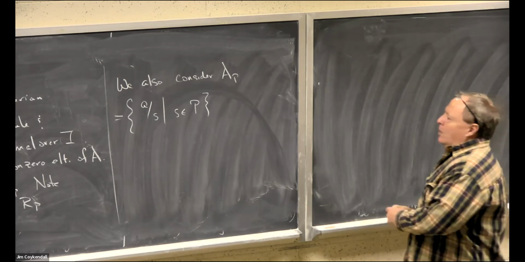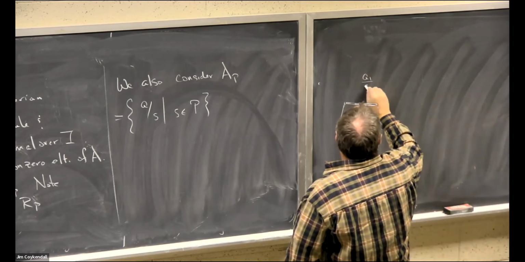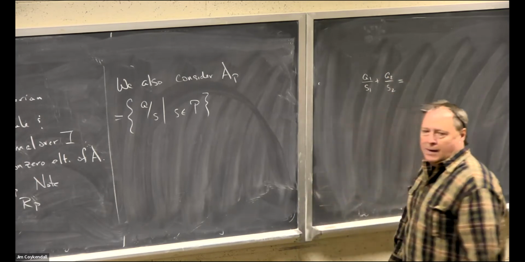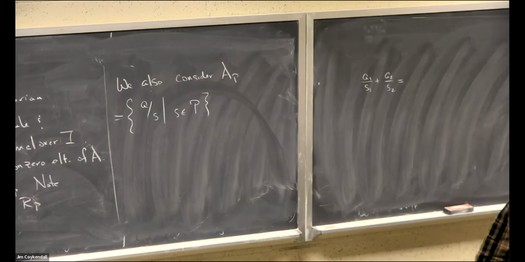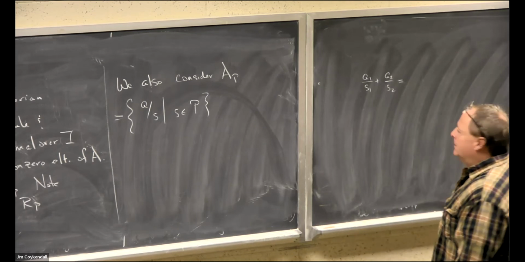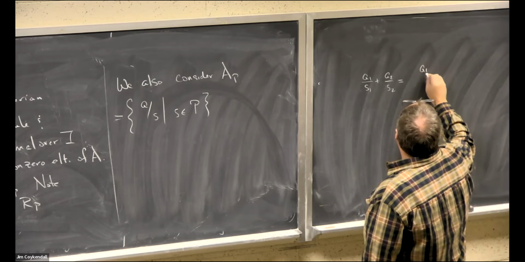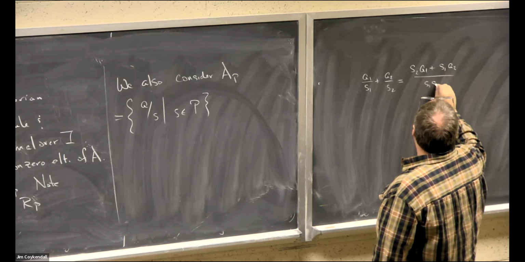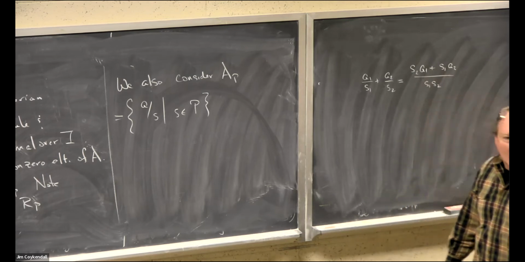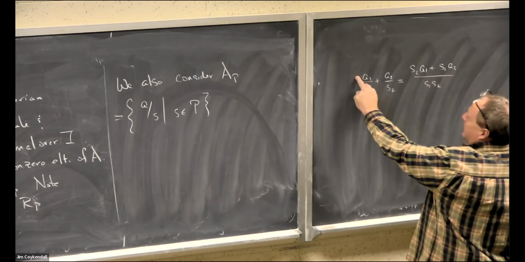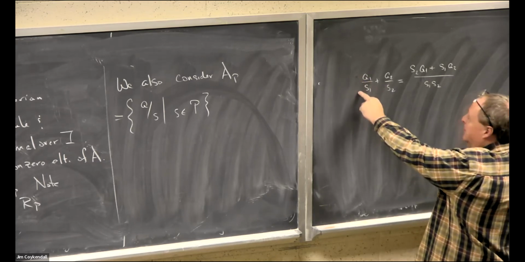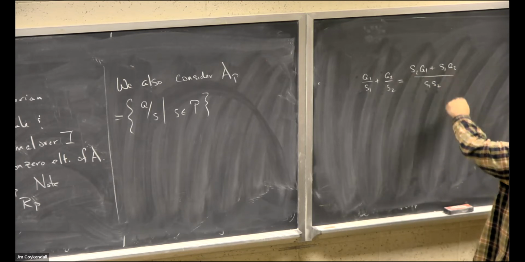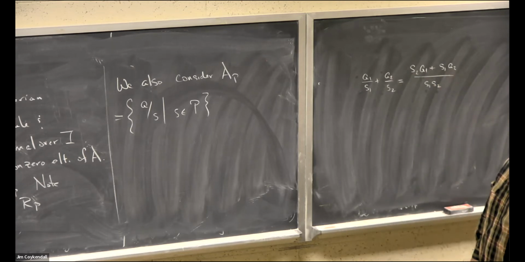The way this module works is, think of this as little pairs of fractions. Notice that this is something in A over something outside of P, something in A, something outside of P. This product is outside of P, and notice that the numerator is still in A because A is an R module, right?